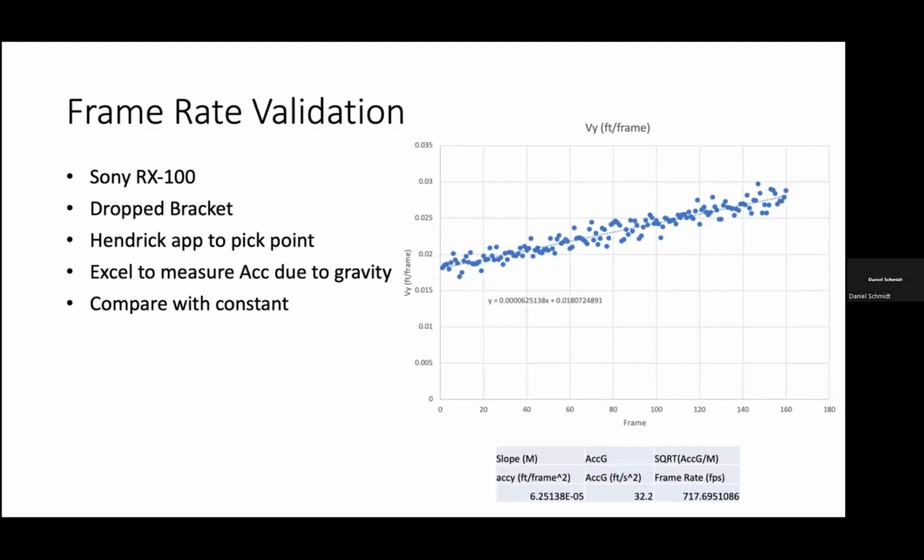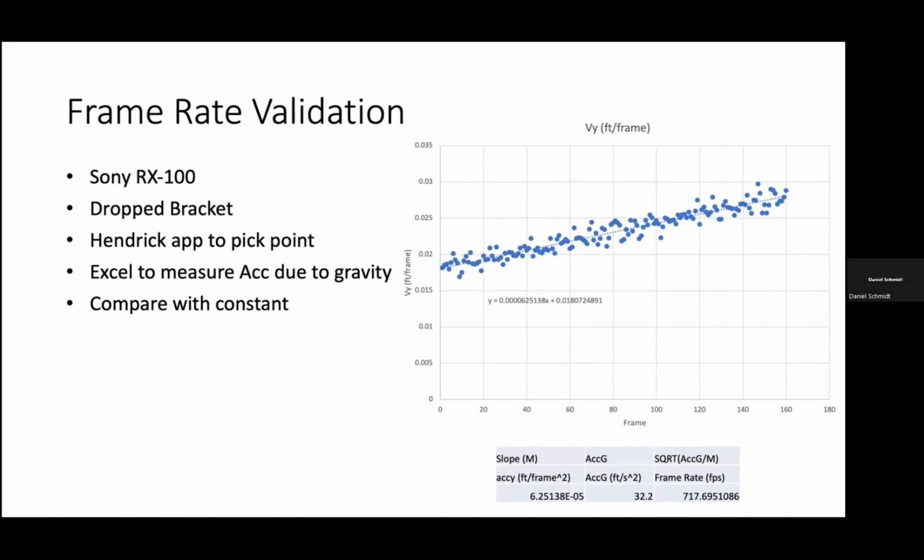The low cost version of it was doing slow motion video of me dropping that bracket straight down, and then picking the points. And the video analysis is still kind of noisy. So this graph is just the velocity of a single point per frame.